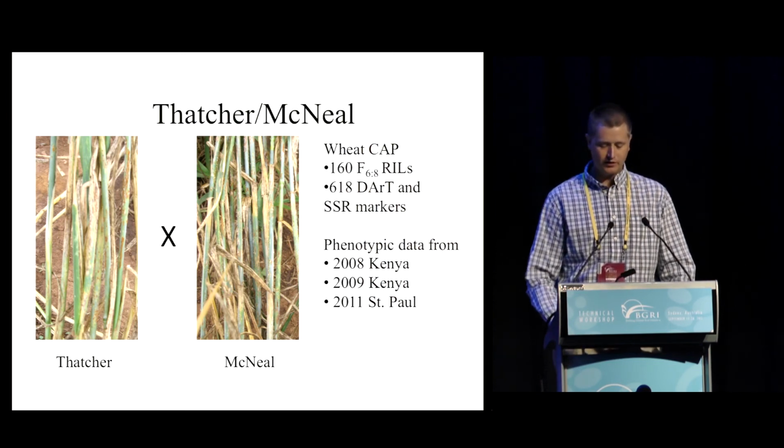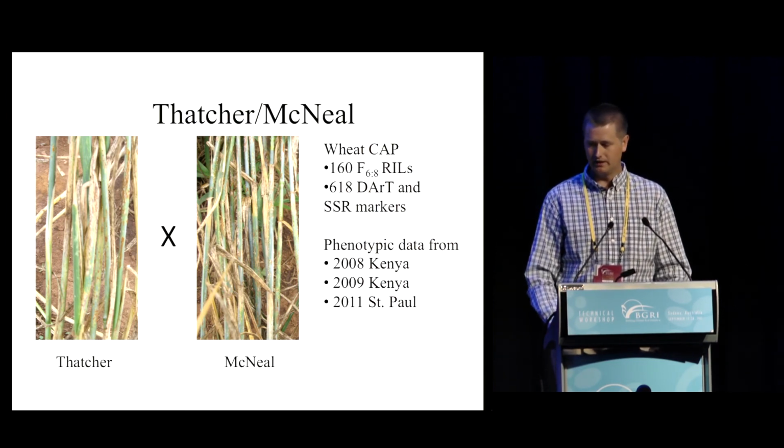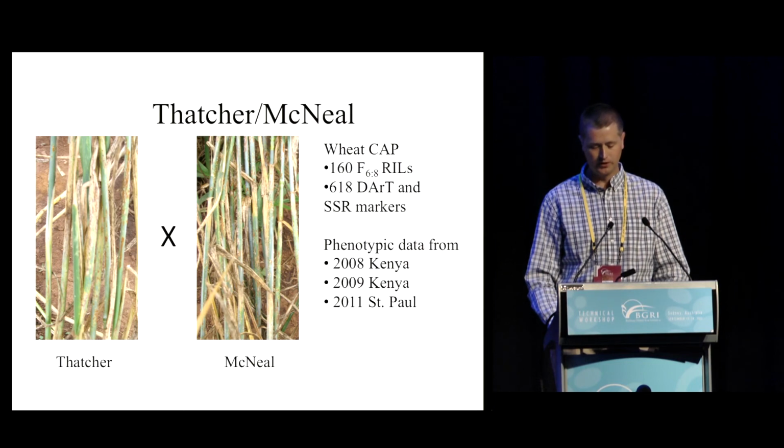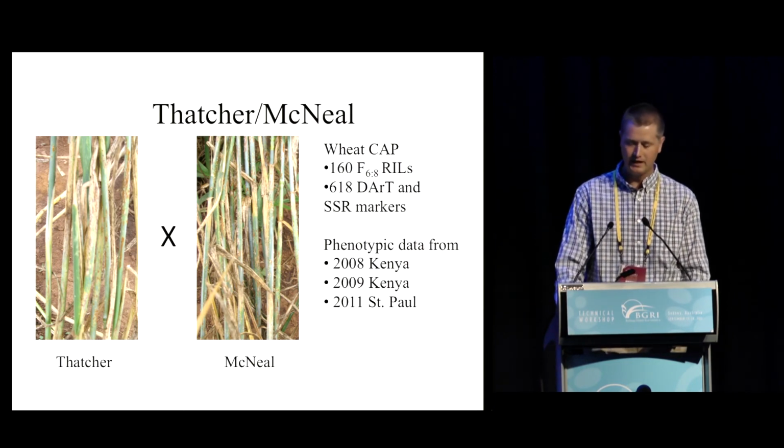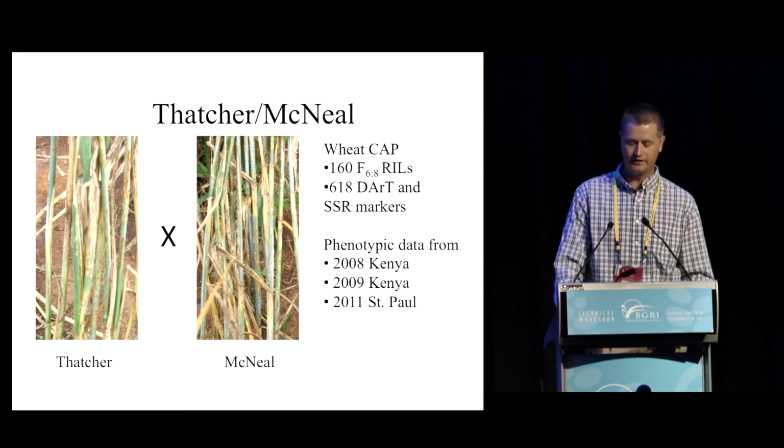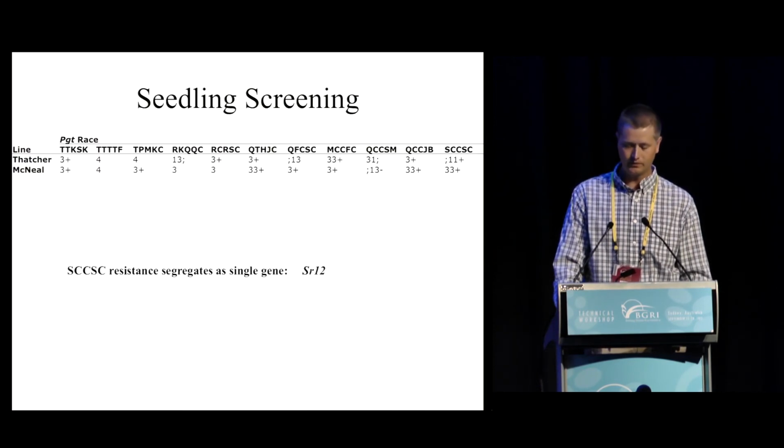Previously we used this population between Thatcher and McNeil, 160 RILs, several molecular markers, and also phenotype data from Kenya and St. Paul to try to understand what the resistance was.